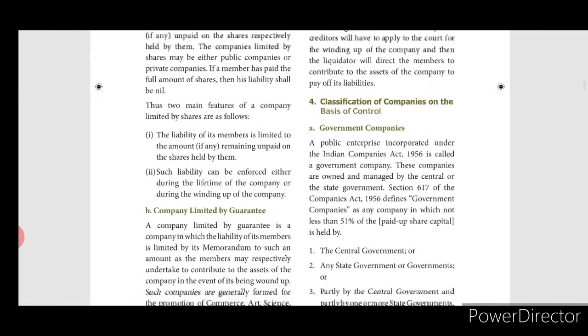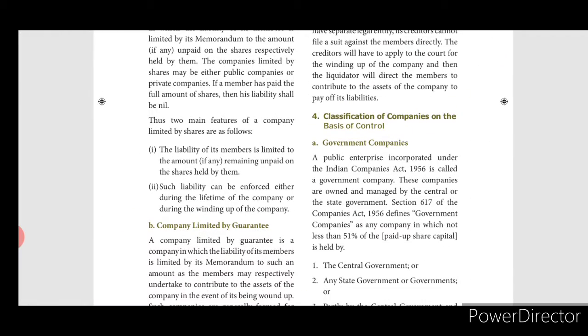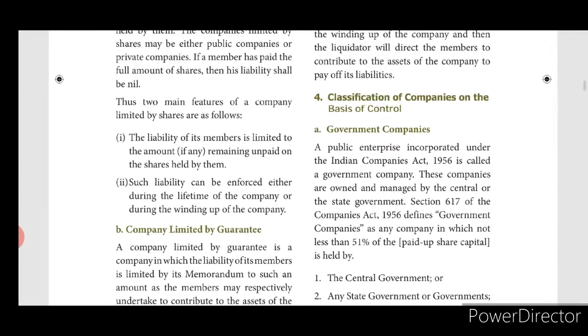It's very simple. When we started learning commerce, companies were bound only by the Indian Companies Act. It was the first act which came for companies, and it was published in the year 1956.